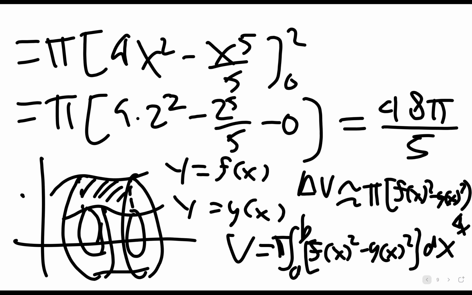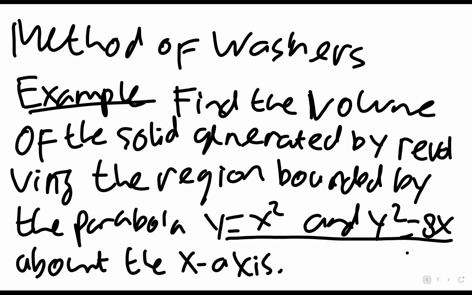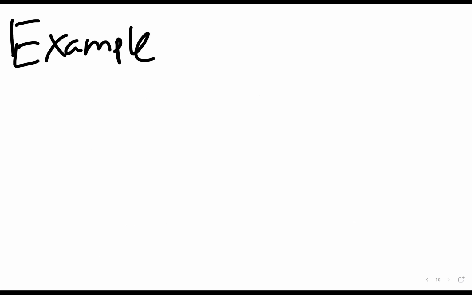For example, you may take a look at any vertical or horizontal line as given in the following example. So the next example, let us work on the case where the axis of the rotation is neither the x-axis nor the y-axis. In this case, this is the example.